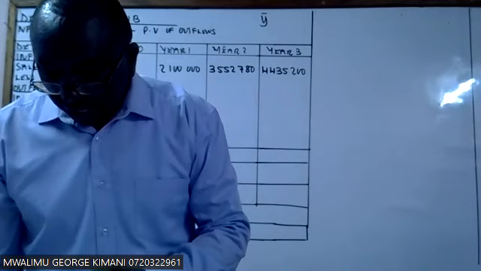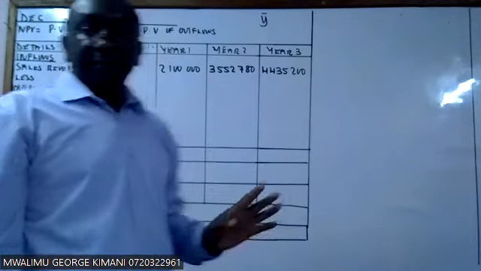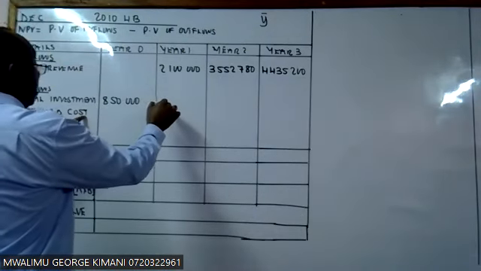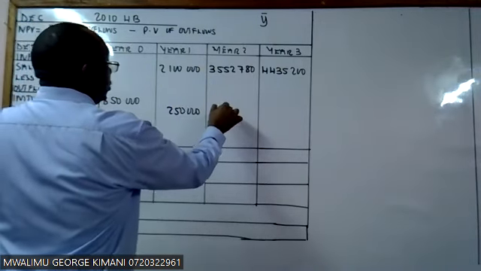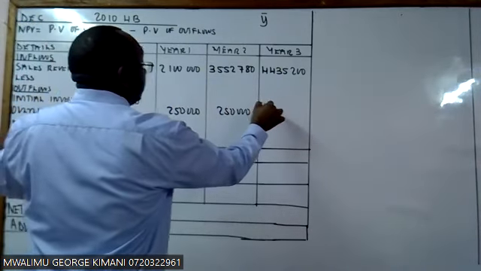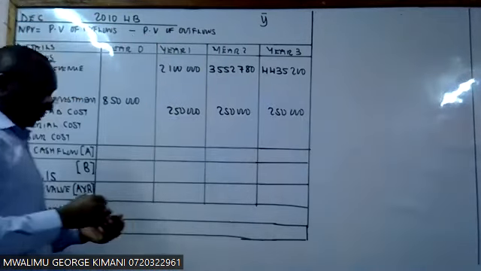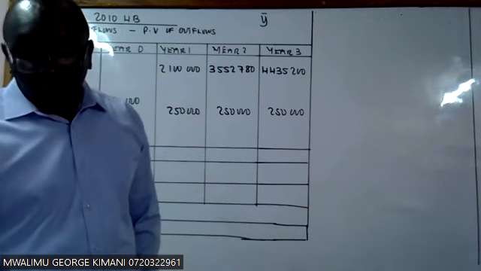Additional overhead, we are told, is 250 per annum. Those ones do not require workings, so in years 1, 2 and 3 we have 250,000.